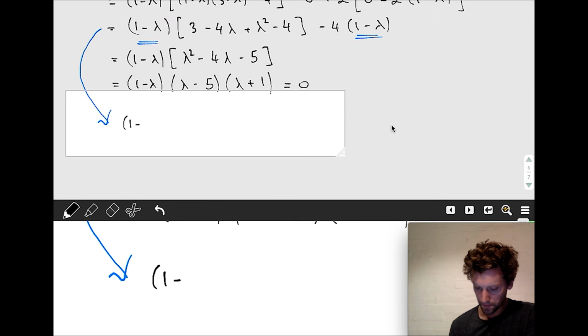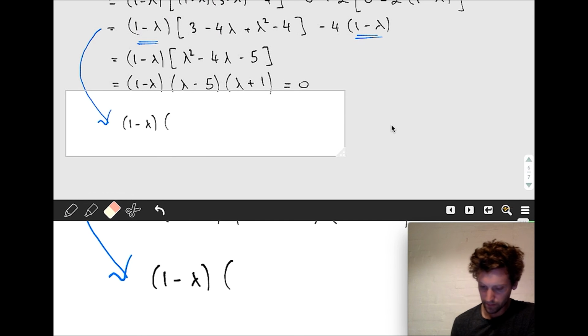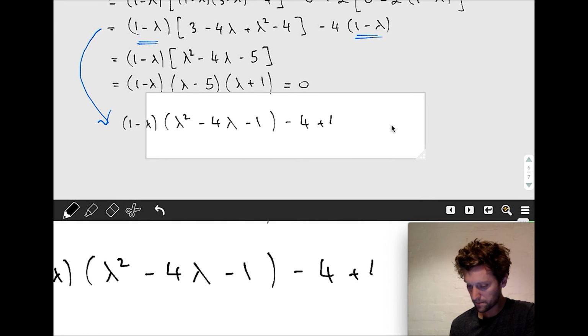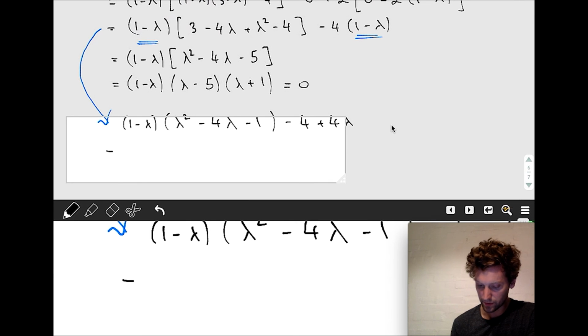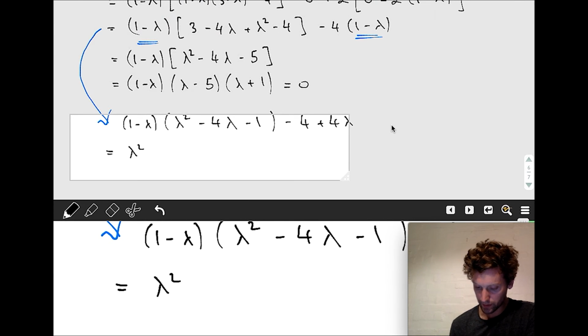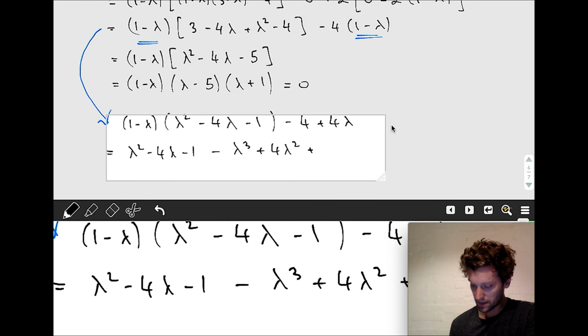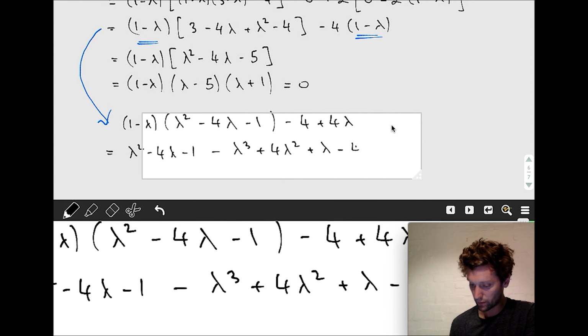So I've got 1 minus lambda times lambda squared minus 4 lambda minus 1 minus 4 plus 4 lambda, which equals lambda squared minus 4 lambda minus 1 minus lambda cubed plus 4 lambda squared plus lambda minus 4 plus 4 lambda.